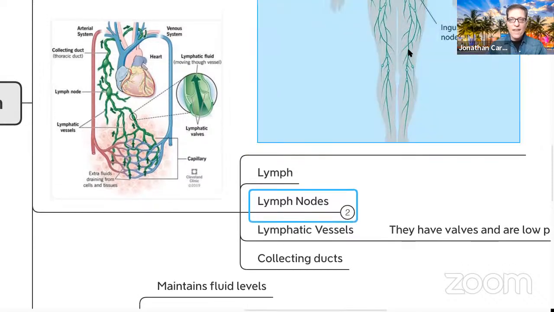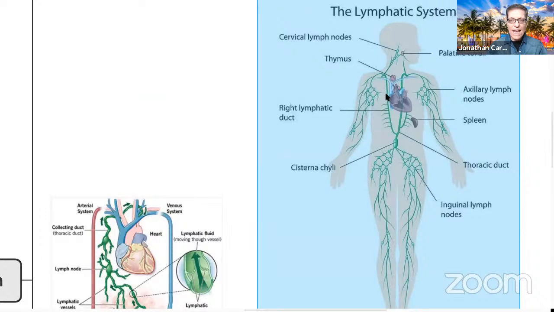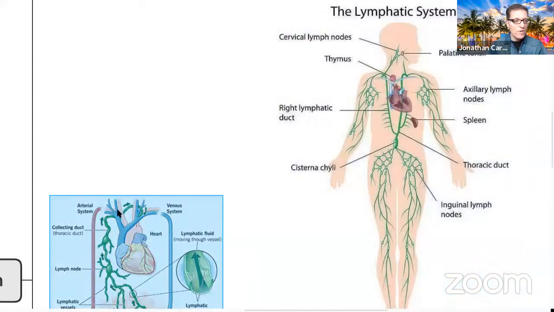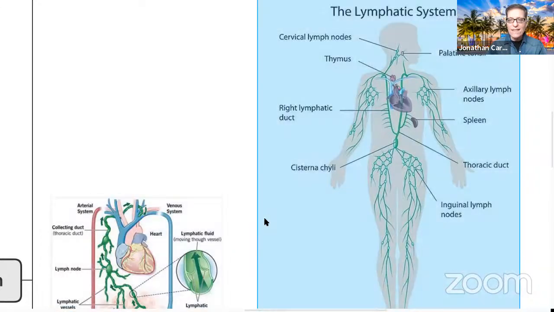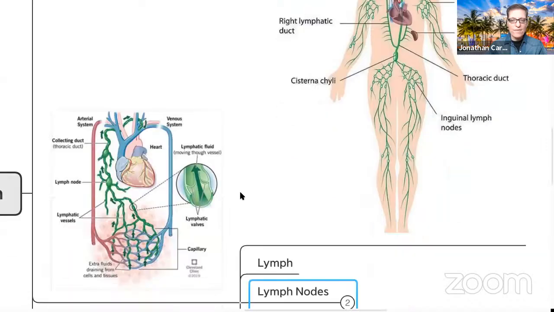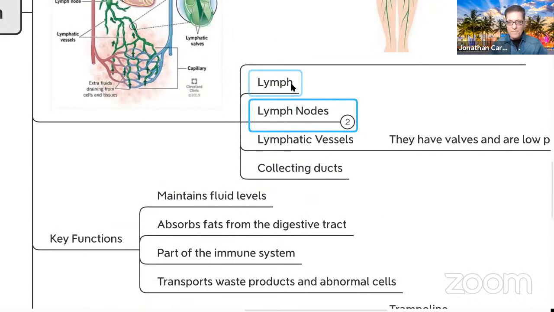Eventually, the lymph gets into the lymphatic vessels, and they end up ultimately up here and dump back into the venous system, and then get circulated through the body. All right, to review: we've got our arteries, which filter into smaller vessels, and eventually the fluid gets out into the system and bathes the body.